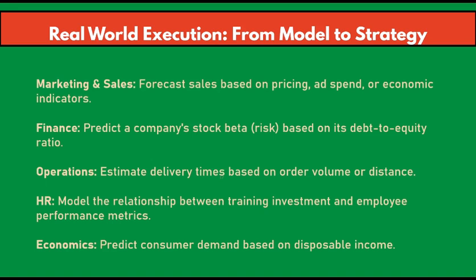This is just one example of marketing, but there may be many other applications of regression in marketing as well. In finance, we can predict the risk involved in a company's stock, which stock market people popularly call beta. We can use regression to find the beta value, that is the amount of risk involved in the stock of a particular company.